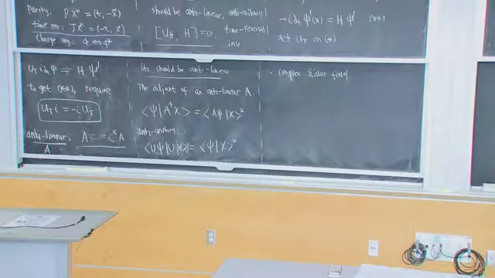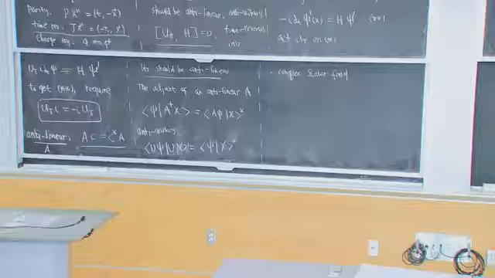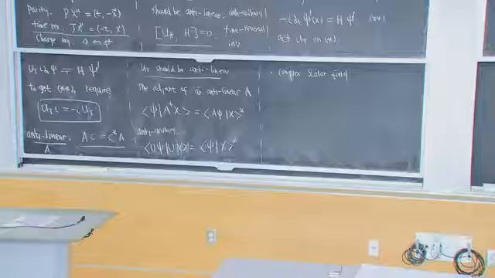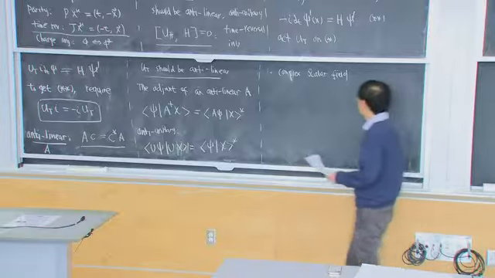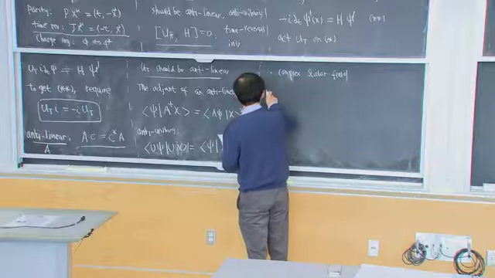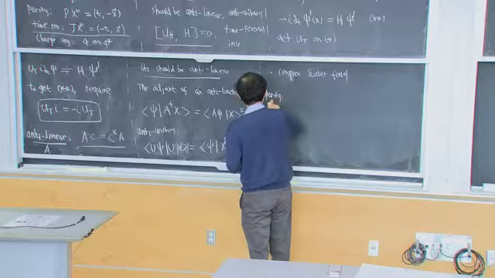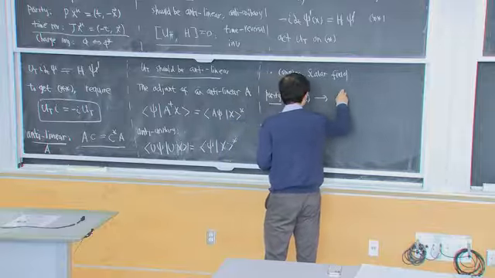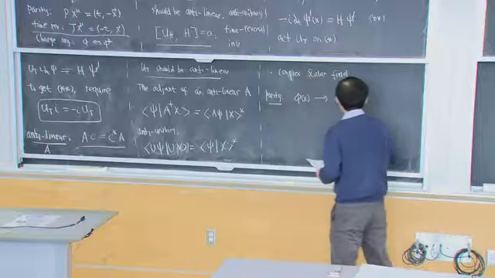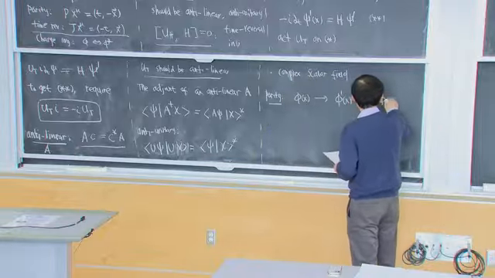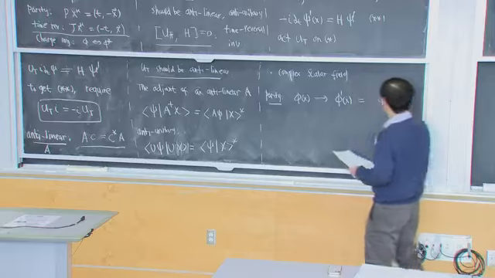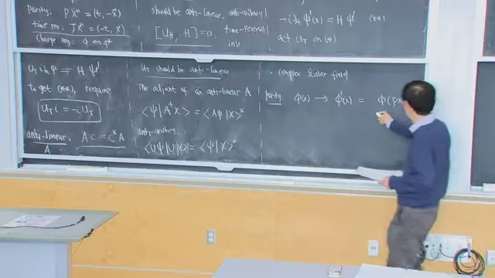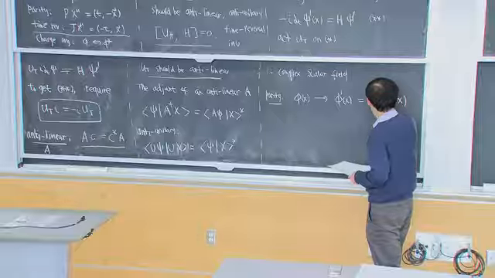Quantum mechanically, those symmetries should be implemented by some unitary operator. Now the parity transformation on the field corresponds to starting with phi(x) and going to phi prime(x), which should be equal to phi(Px), and you can also put a phase here.